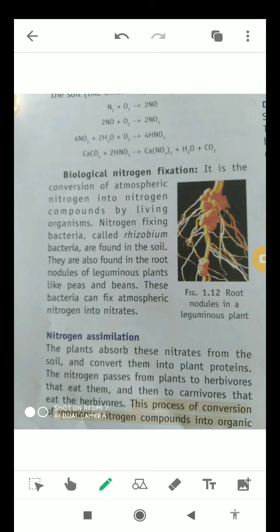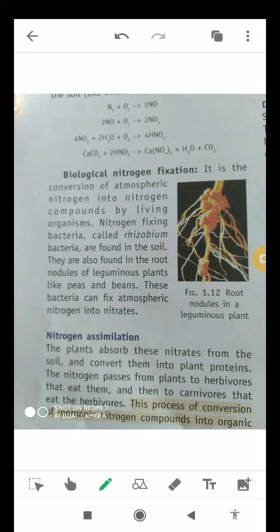The nitrogen then passes from plants to herbivores. Herbivores are the animals which eat grass, plants and plant parts, okay? And then the nitrogen passes to carnivores because carnivores eat the herbivores.